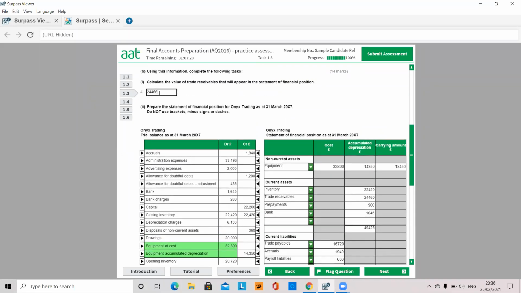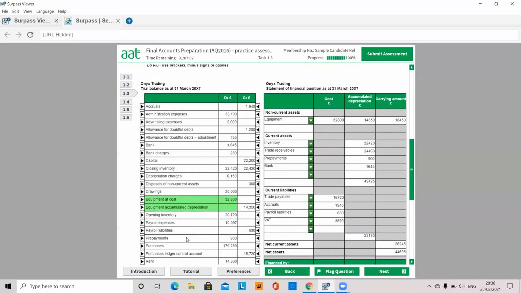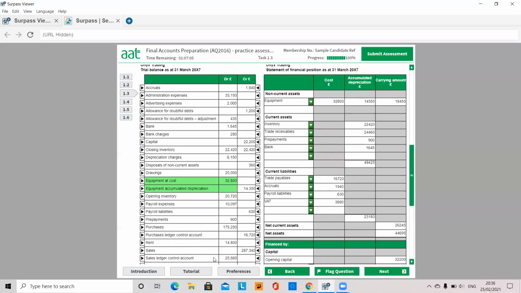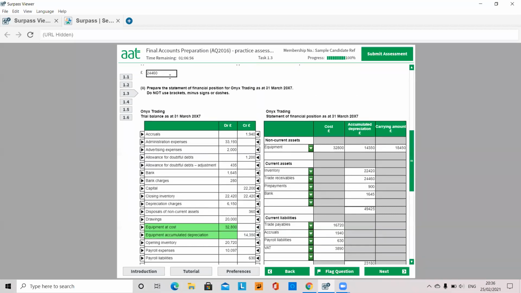Just me being a dope again. 24,460, sorry, my mistake. I'm sure you'll have done that as you're working through it. 25,660 minus 1,200 is 24,460, my apologies. So that's your trade receivables.